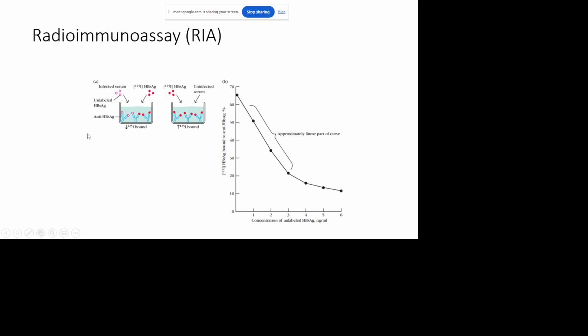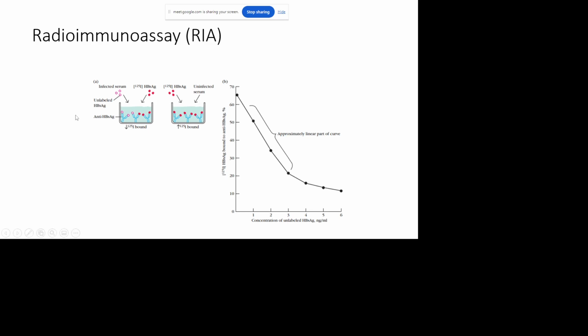You can conjugate the well with antibody, right? And then you can use radio labeled antigen for that corresponding antibody, and also you can use the uninfected serum or infected serum for your test, right, which is not radio labeled.